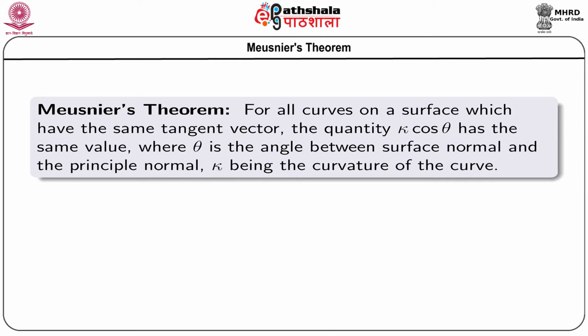That means, the surface normal is a space vector and the principal normal of the curve is also a space vector. So, we are considering theta as the angle between surface normal and the principal normal, and kappa is the curvature of the curve.